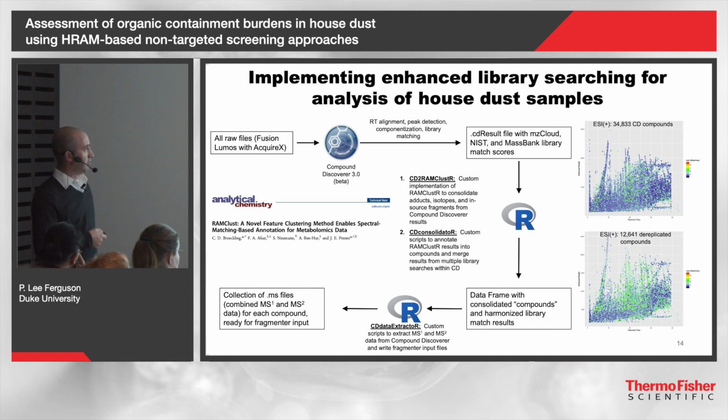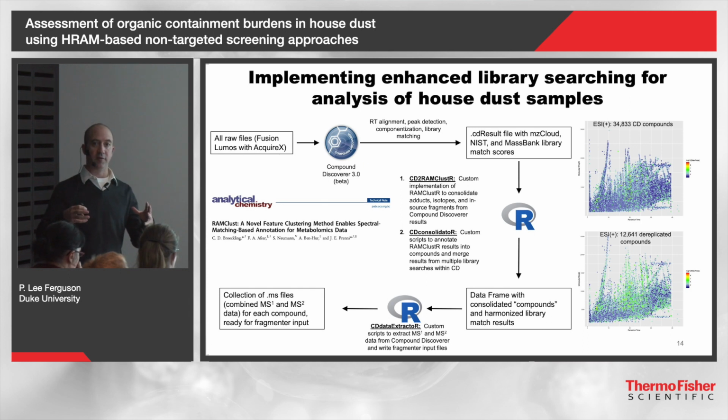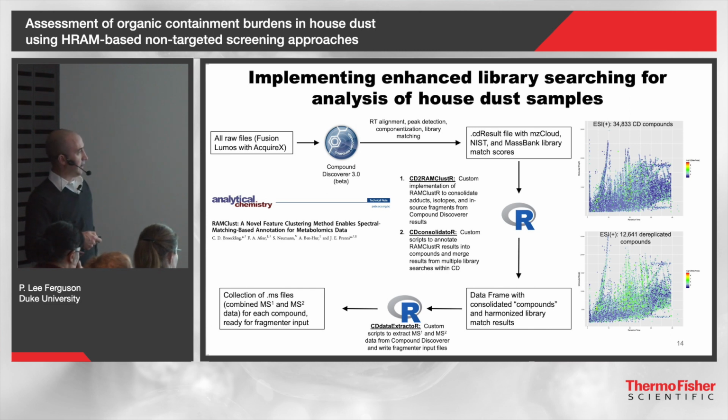This is a really nice algorithm that was written by Corey Broeckling at Colorado State. It allows us to consolidate any kind of replication that's still present in the Compound Discoverer feature list, and I'll show you that. That lets us get rid of things like in-source fragments, adducts, and isotopes that still remain.